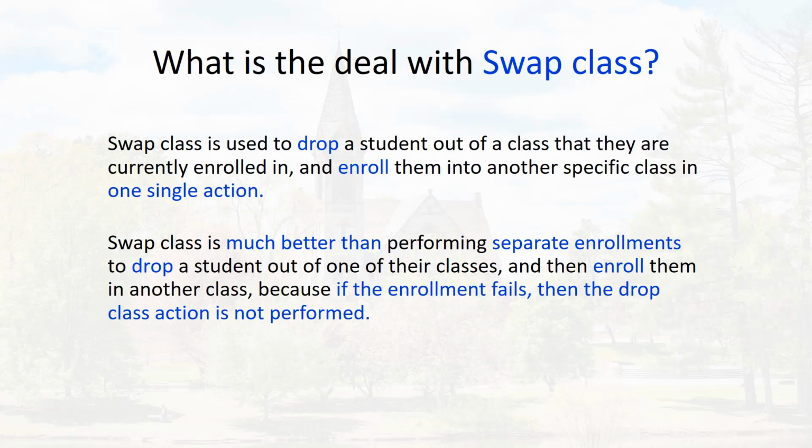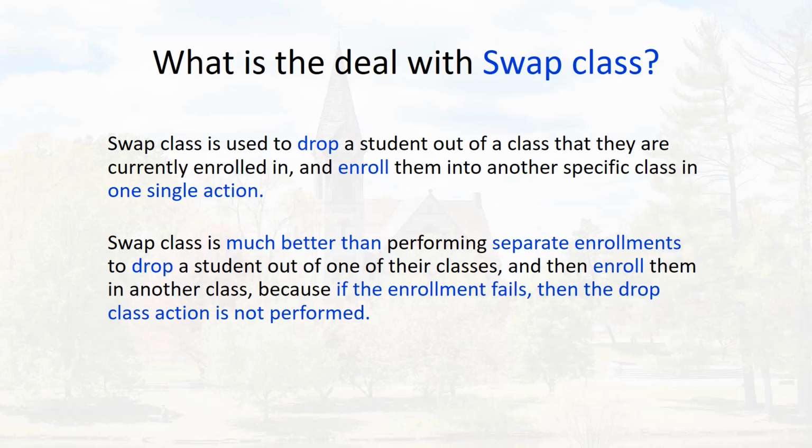What is the deal with swap class? Swap class is used to drop a student out of a class that they are currently enrolled in and enroll them into another specific class in one single action.